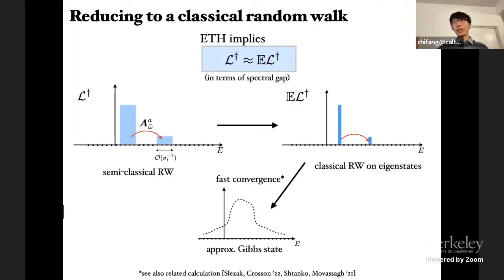And now you can celebrate because you can open your Markov chain textbook and try to analyze the mixing time of this object. It becomes a 1D random walk on energy. And that would be the proof. So you completely understand this classical random walk, and then in the end you relate it to the semi-classical object, which seems horrible, by ETH. And that's the proof.